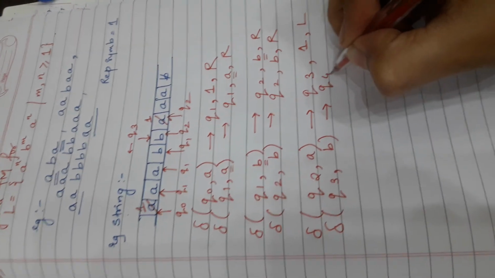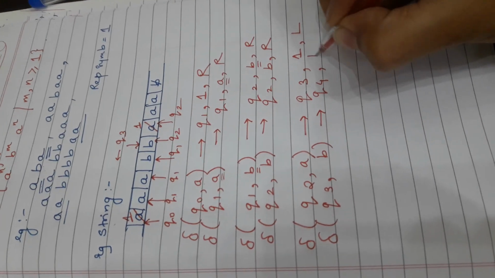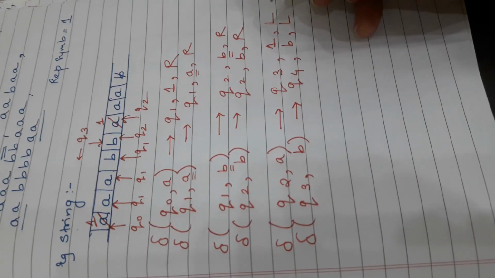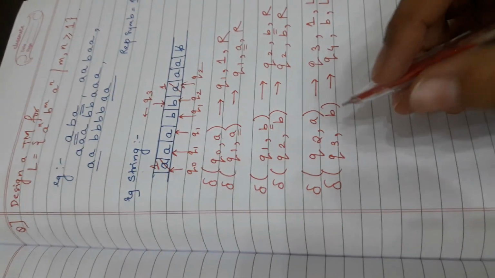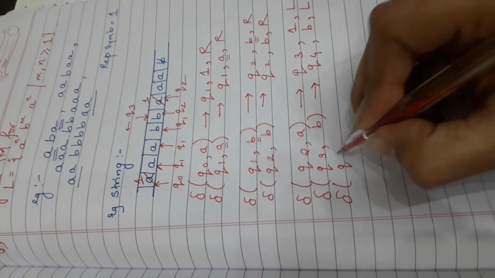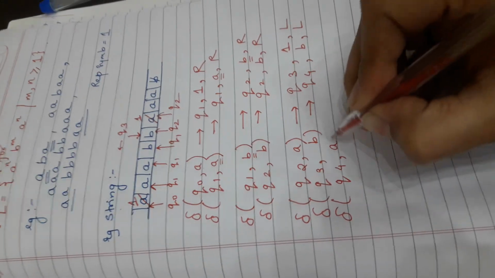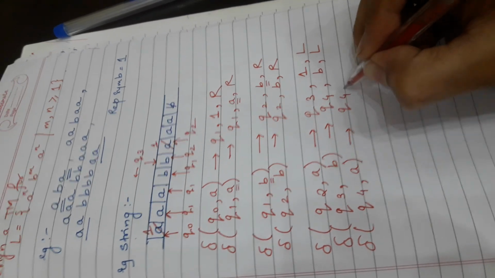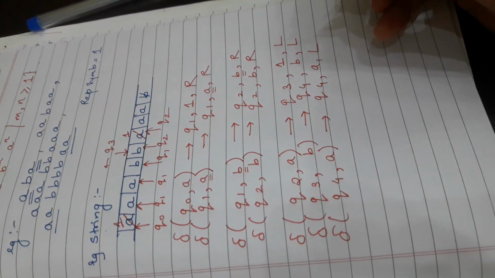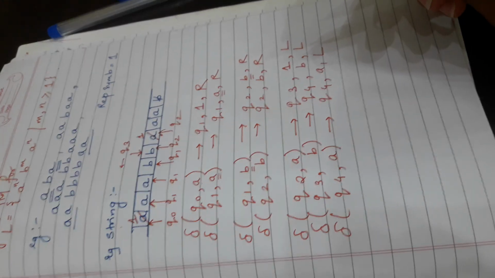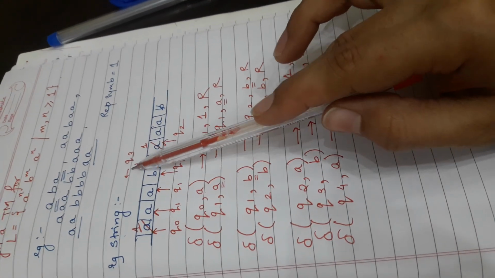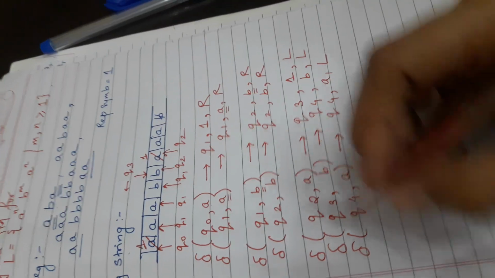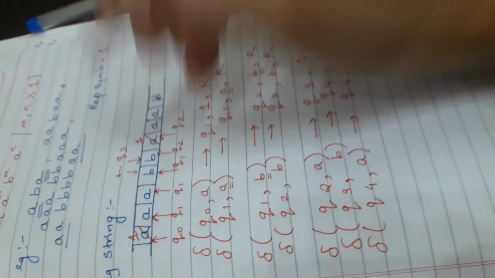So skip this, change the state, skip it and continue the movement to the left direction, that is backward. Again, now if Q4 receives a A, you have to move in the left direction backward. So this will happen. So we have changed the state here.